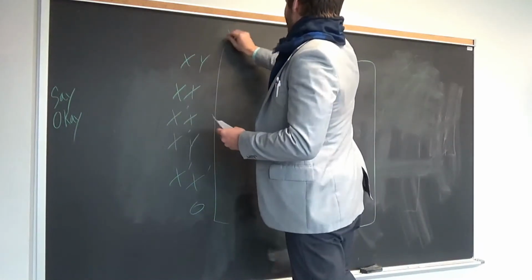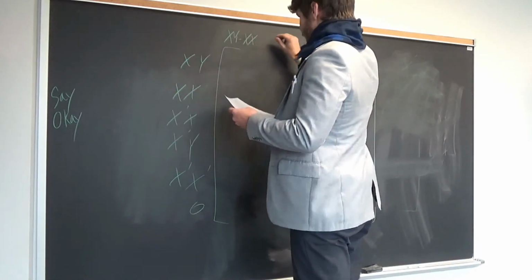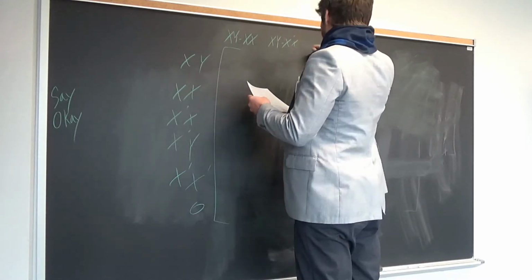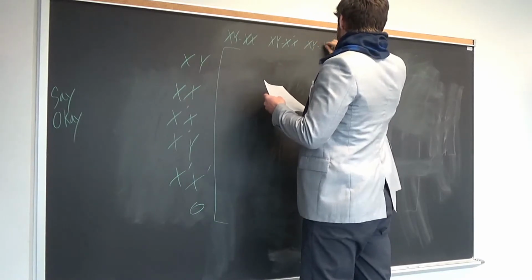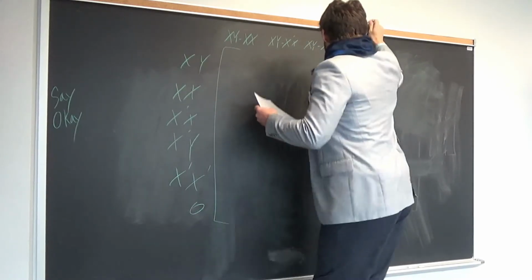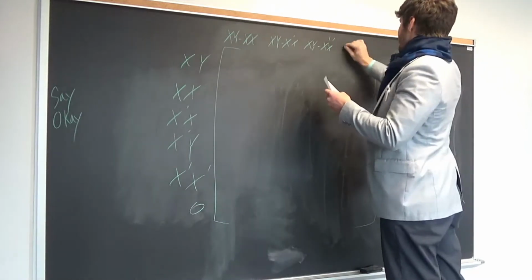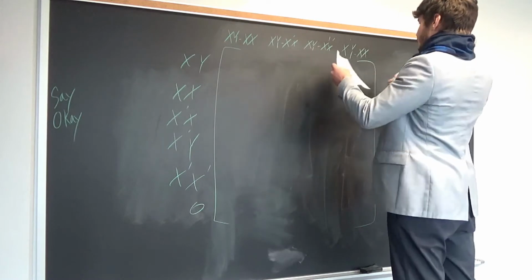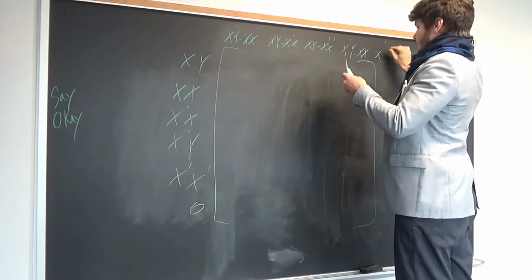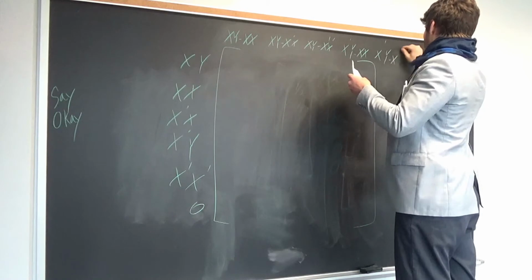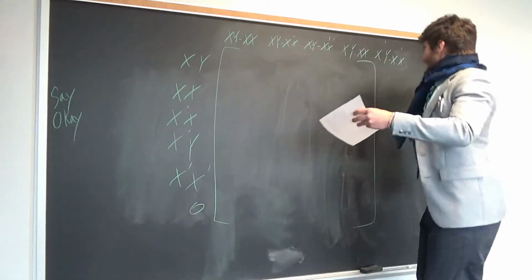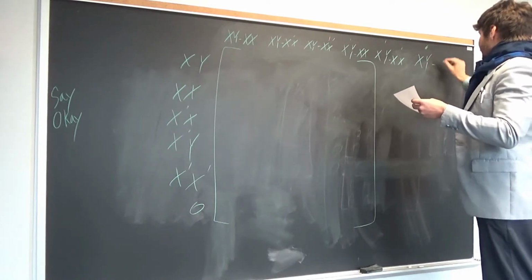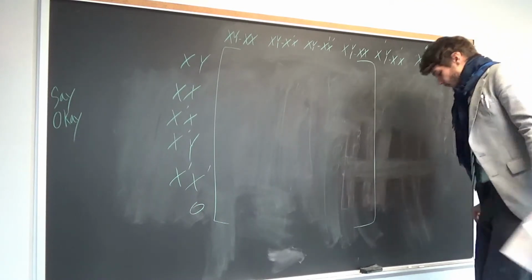So we got healthy parents, carrier female, afflicted female, affected male, healthy female, 1, 2, 3, 4, and then the very rare case, but still possible, affected male, affected female.